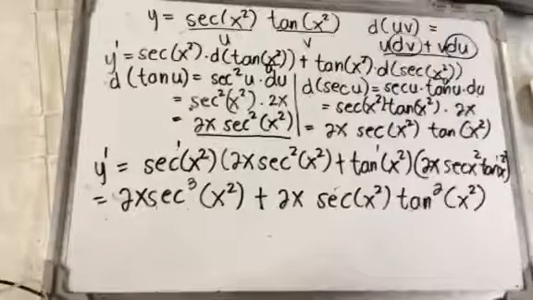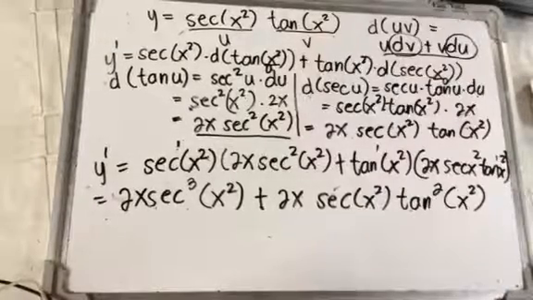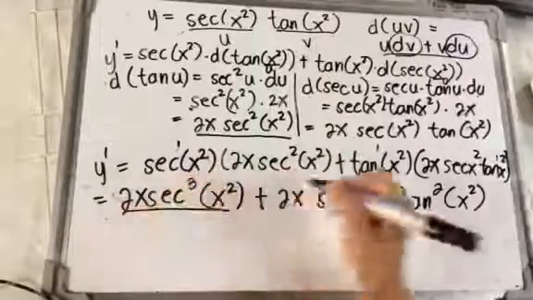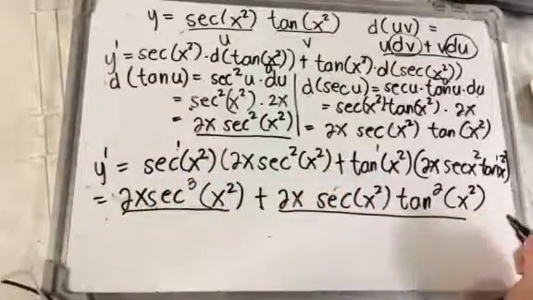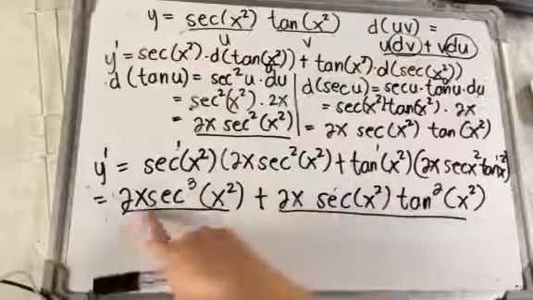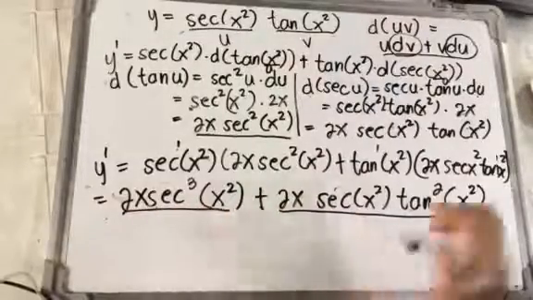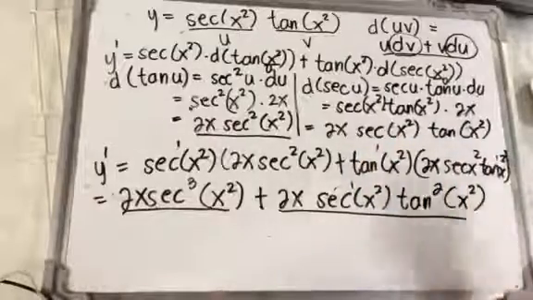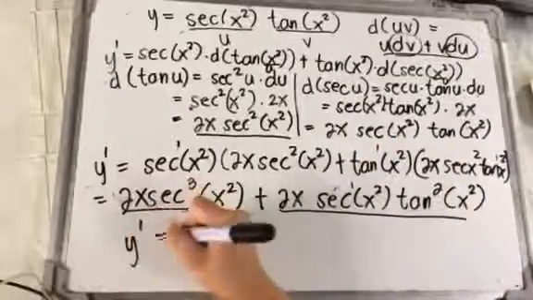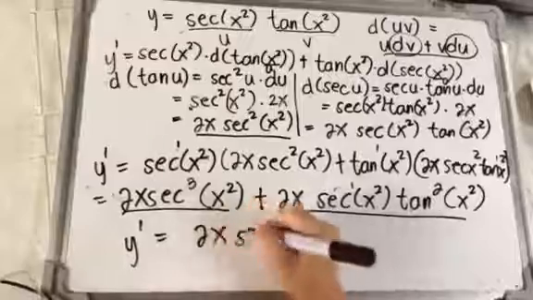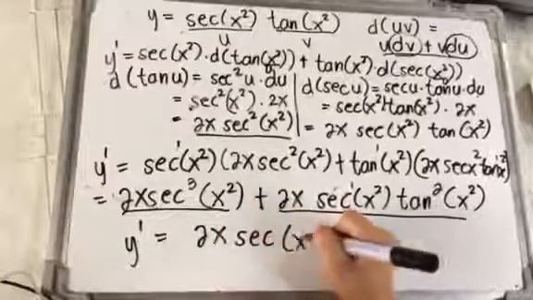Pwede din naman nating ayusin. So, pwede nating i-factor out yung common dun sa dalawang term. As you can see, ang common sa dalawang term is 2x and secant x squared, raised to 1 lang kasi yung nandito ay raised to 1. So, we have y prime equal to 2x secant x squared.